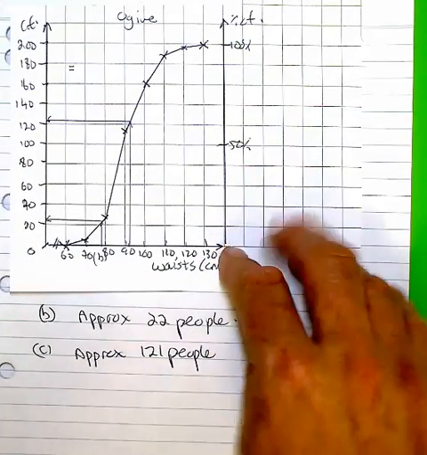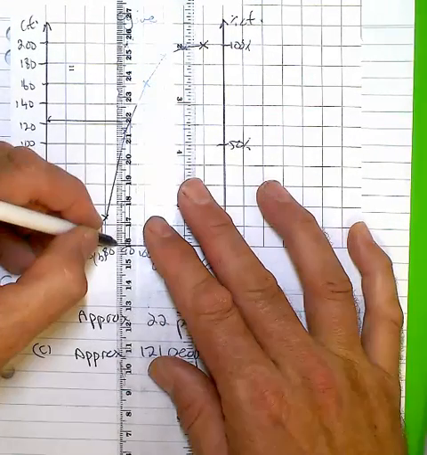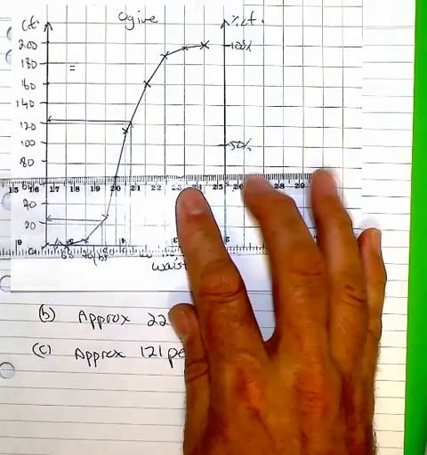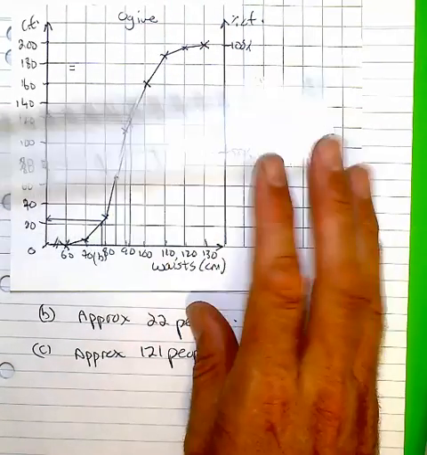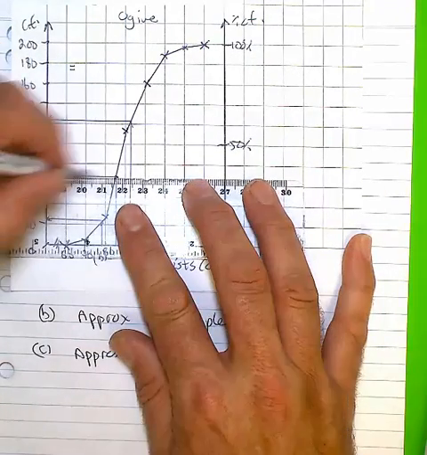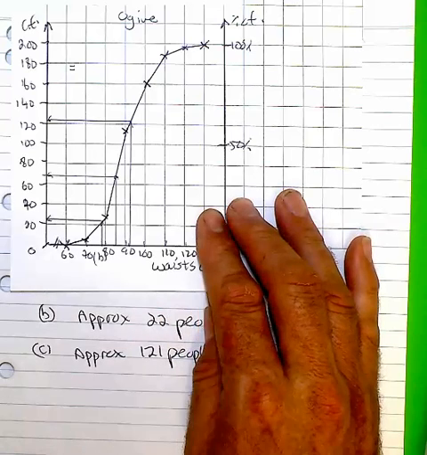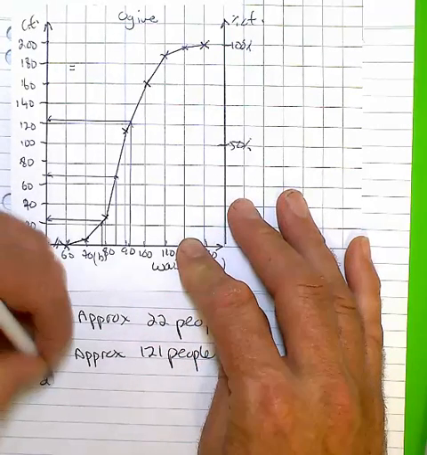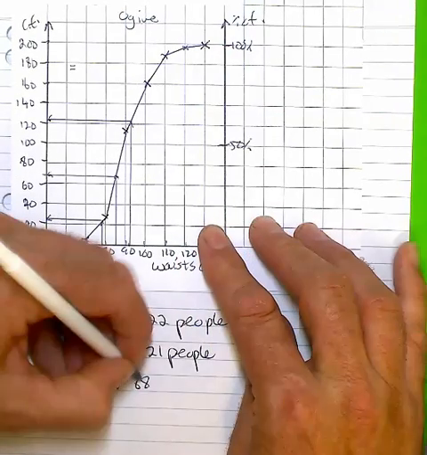For D, waste size less than 86, very similar manner. Reading up and reading across. It's approximately, I'll say 68.